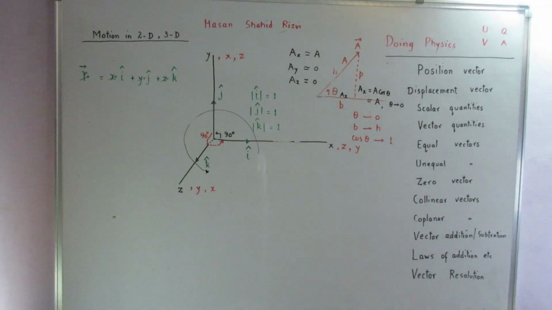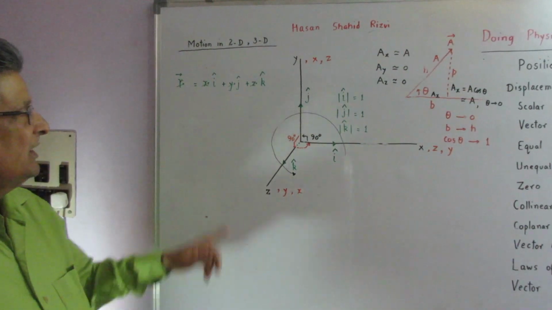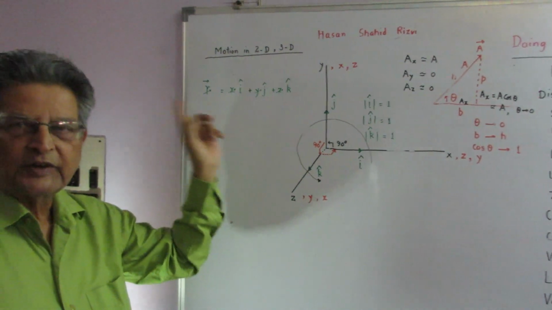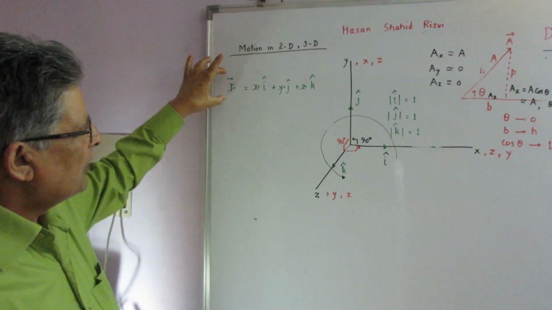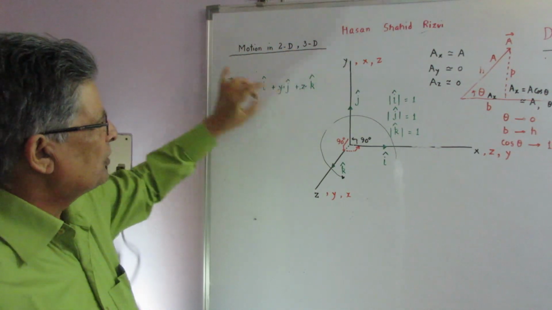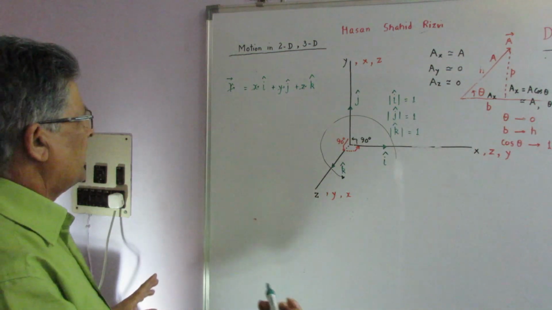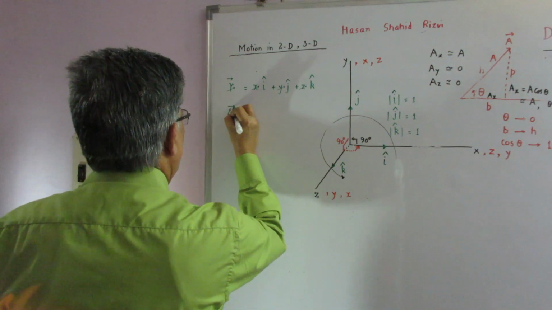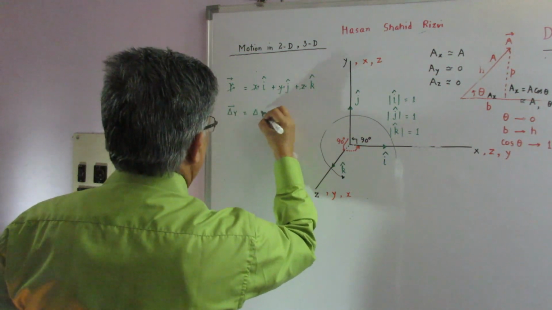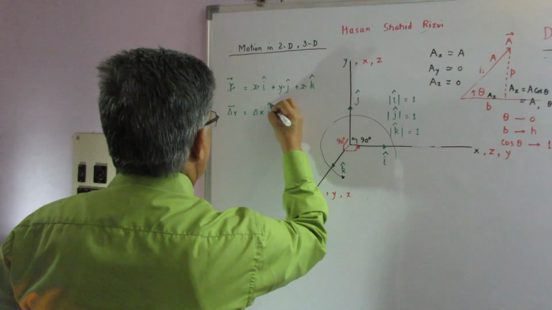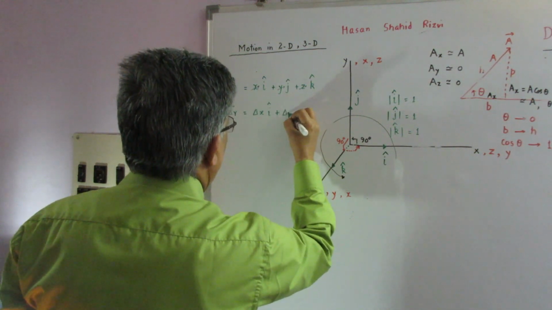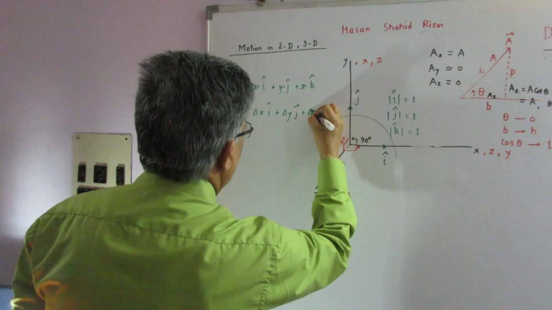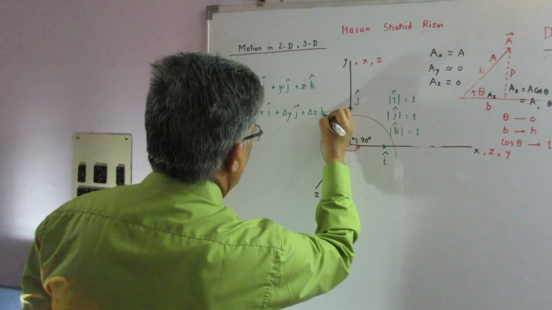But what are invariants? What are not changing? They are i, j and k, which have fixed directions and fixed values. So I will start my next session with this. Then I'll give you delta r, which is delta x i cap plus delta y j cap plus delta z k cap.